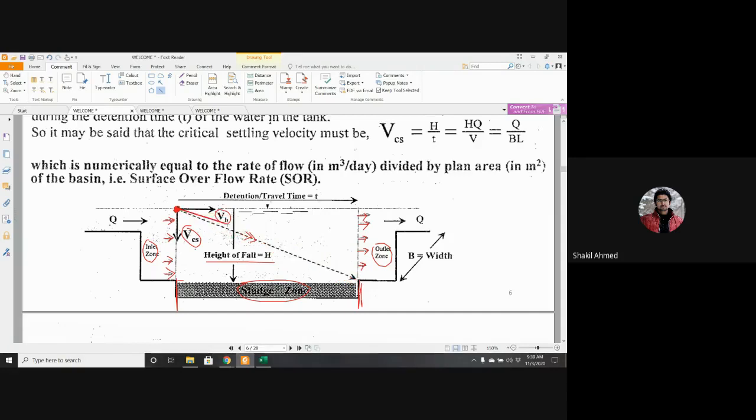If I increase Vh, then the resultant will move upward towards Vh or towards Vcs, downward or upward.